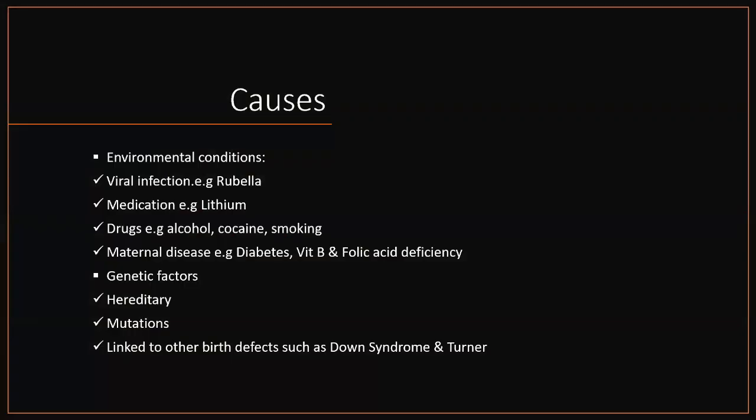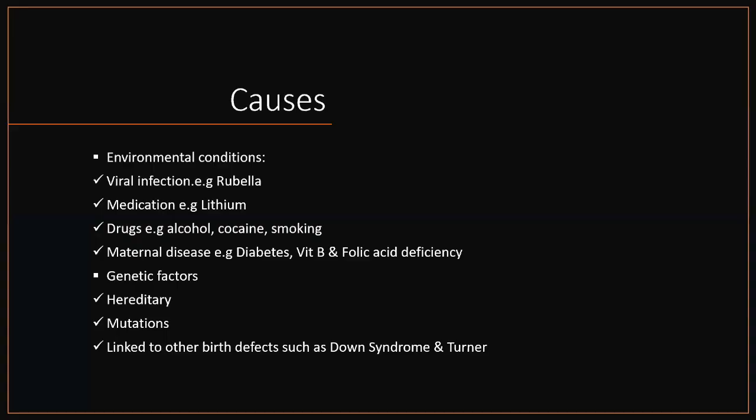So in terms of the causes, we have different causes ranging from environmental conditions to some genetic factors. Some of the environmental conditions that a patient can be exposed to are viral infections, usually when the mom is infected. This can happen in utero.